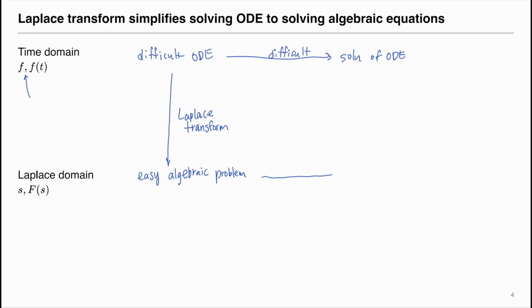And solving the algebraic problem is often easy. Finally, we go from the solution of the algebraic equation back to the solution of the ordinary differential equation using inverse Laplace transform.